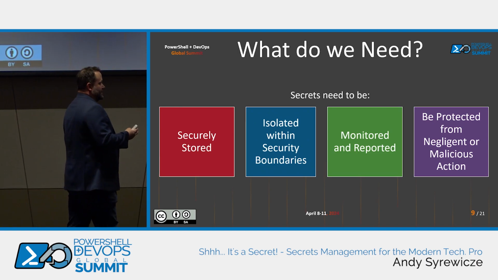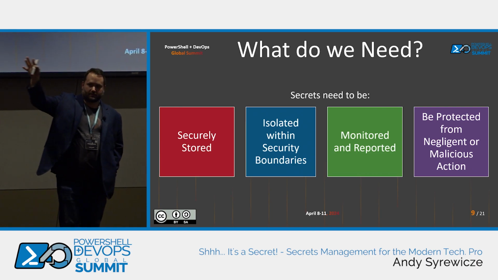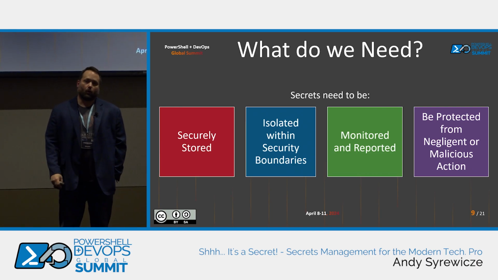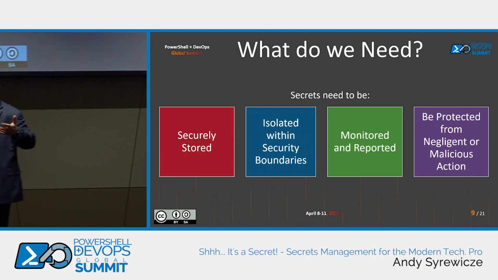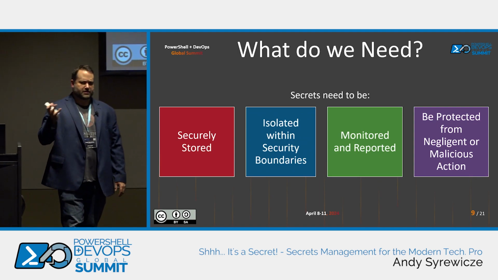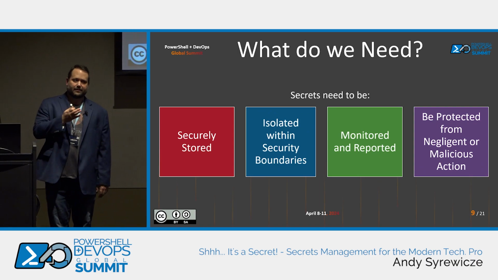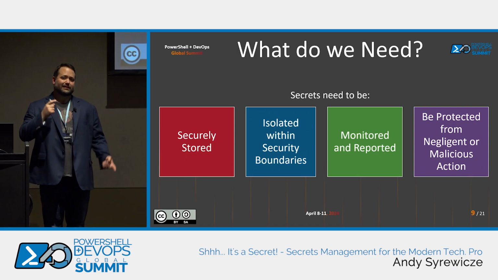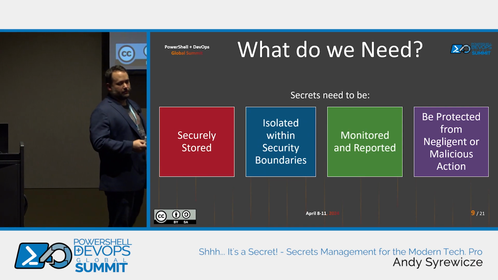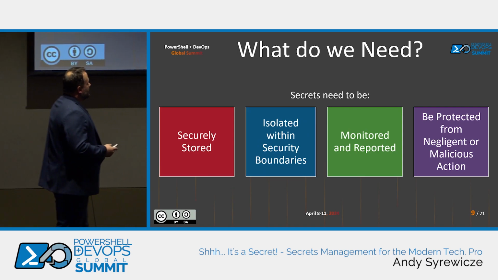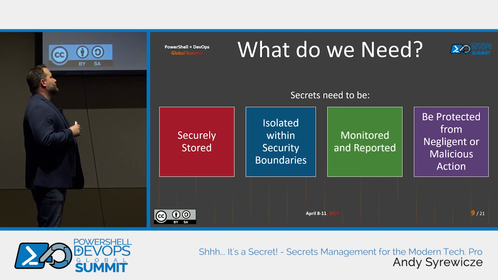So we don't want plain text credentials traversing the public internet, right? Or if I'm authenticating a script that's running in Azure with another service in Azure, that password probably doesn't need to leave that resource group or that Azure data center region, right? So we want to make sure that we are isolating passwords within security boundaries.